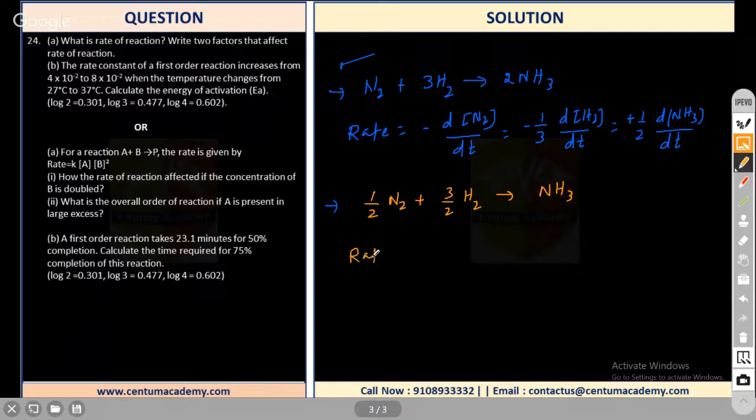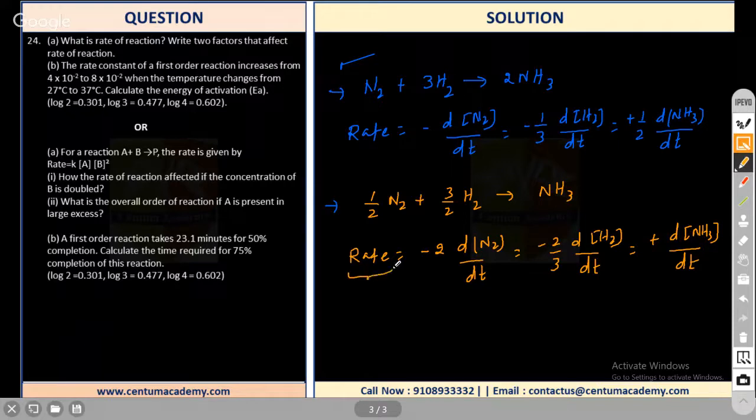So the rate of this reaction will be minus 2 d[N2]/dt, and next it will be minus 2/3 d[H2]/dt, and next it will be plus d[NH3]/dt. So the rate of the reaction is this, with respect to N2, with respect to H2, with respect to NH3.